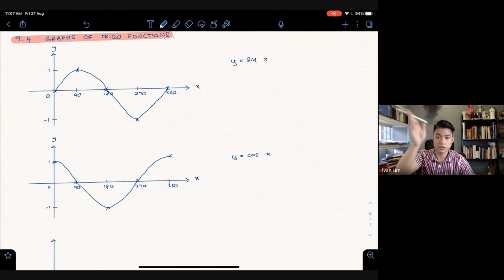As it reaches the maximum point, the gradient will change also. It gets less and less steep. So what you just did here is a y equals cos x graph.